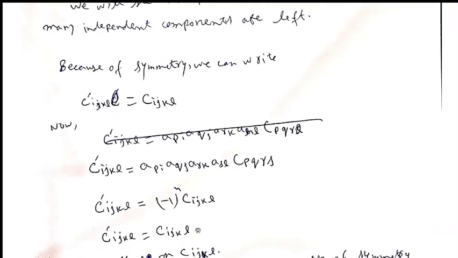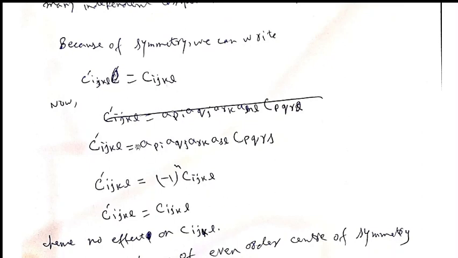So only terms in which we have diagonal elements A11, A22, A33 will survive. So there are 4 factors: minus 1, minus 1, minus 1, minus 1.